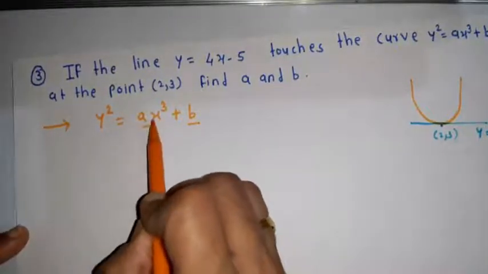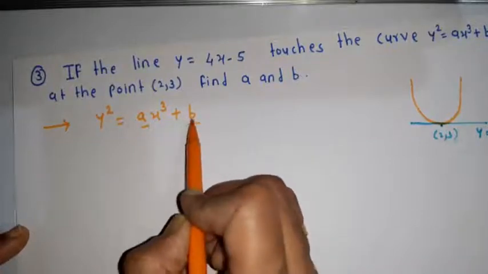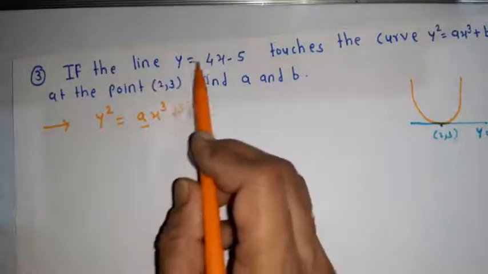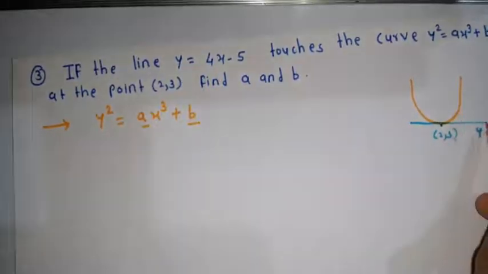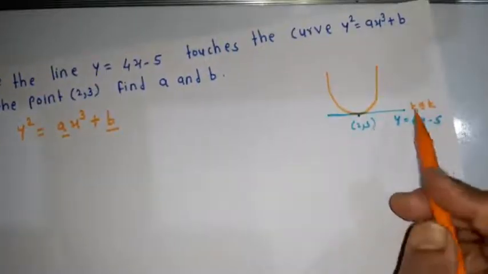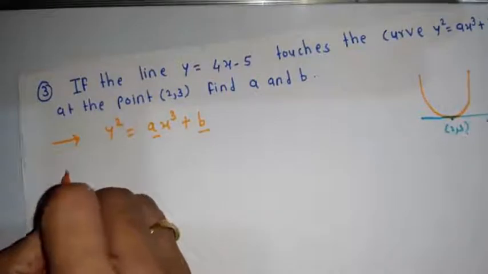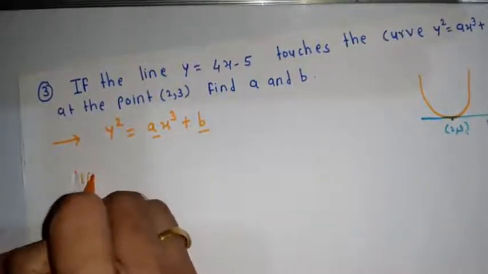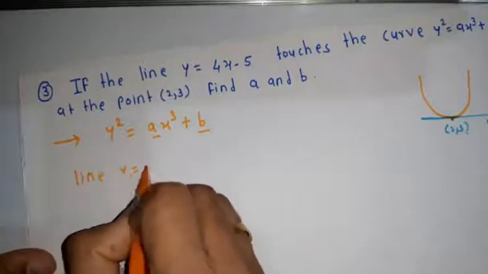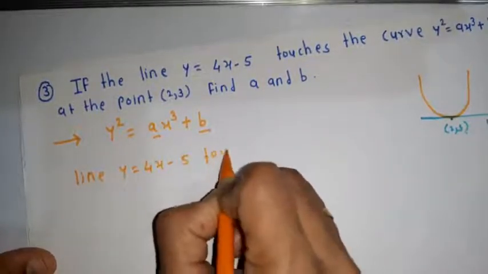Suppose y square equal to ax cube plus b, this is the equation of curve. Okay, and suppose this line y equal to 4x minus 5 touches the curve, means this line is nothing but the tangent.